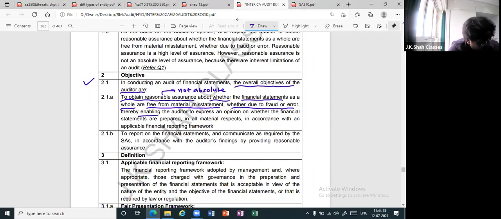Thereby enabling him to express an opinion, orally or in writing, through a report. Correct. Next is to report on the financial statements and communicate as required by standards on auditing.